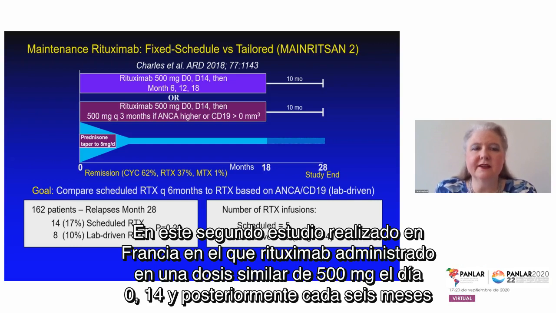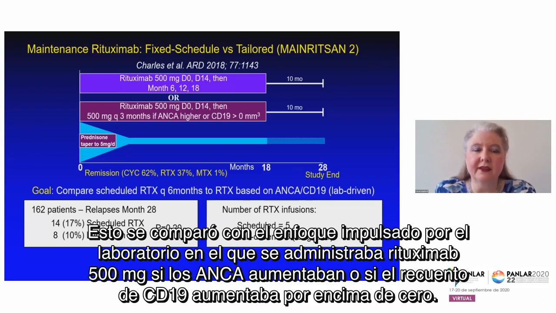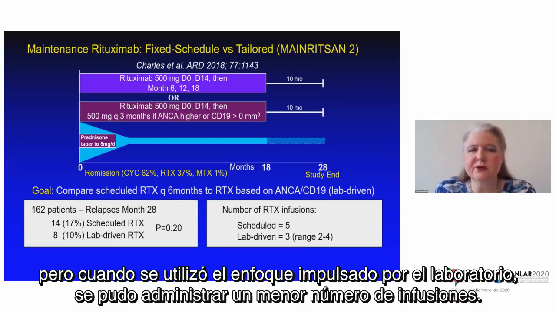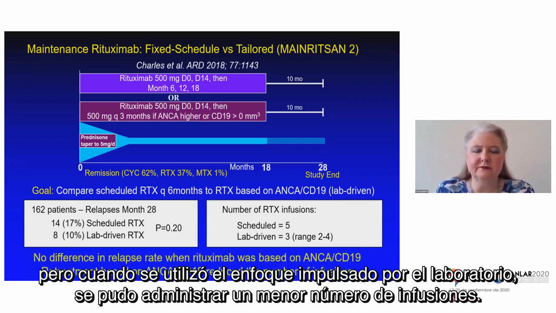In this second study conducted in France, rituximab given in a similar rate of 500 milligrams on day 0, 14, and every 6 months thereafter, was compared against the laboratory-driven approach in which rituximab 500 milligrams was administered if the ANCA rose or if the CD19 count rose above 0. What we can see is that these two schedules of rituximab had similar rates of relapse, but when the laboratory-driven approach was used, there was a fewer number of infusions that could be given.